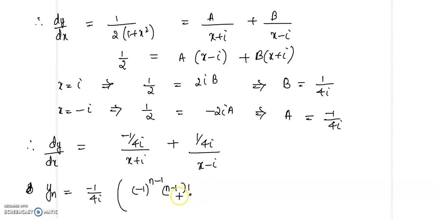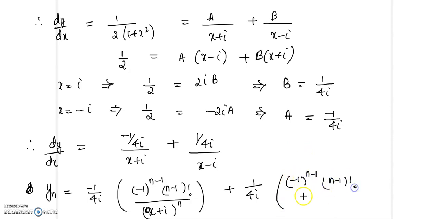Here a is 1, so a raised to n will come, and (x plus i) whole raised to n. Okay. Plus 1 by 4i, so here you will get minus 1 raised to n minus 1, (n minus 1) factorial by (x minus i) raised to n.